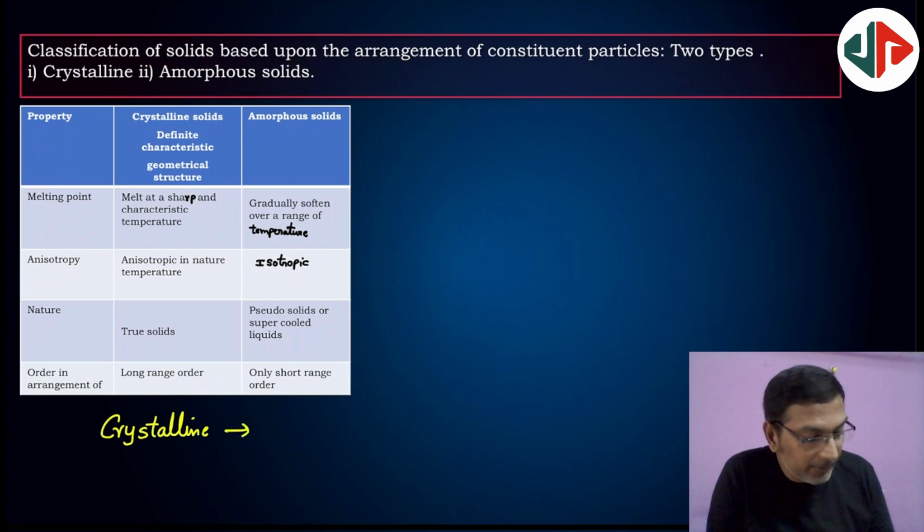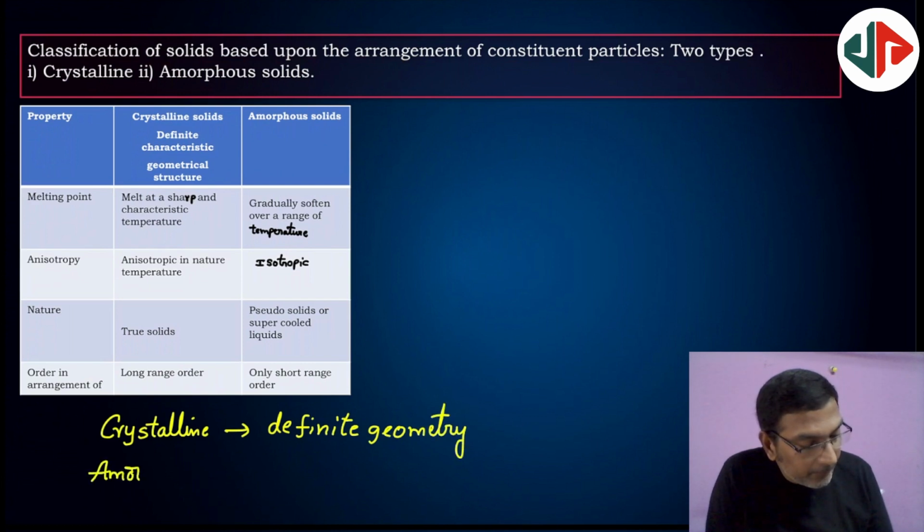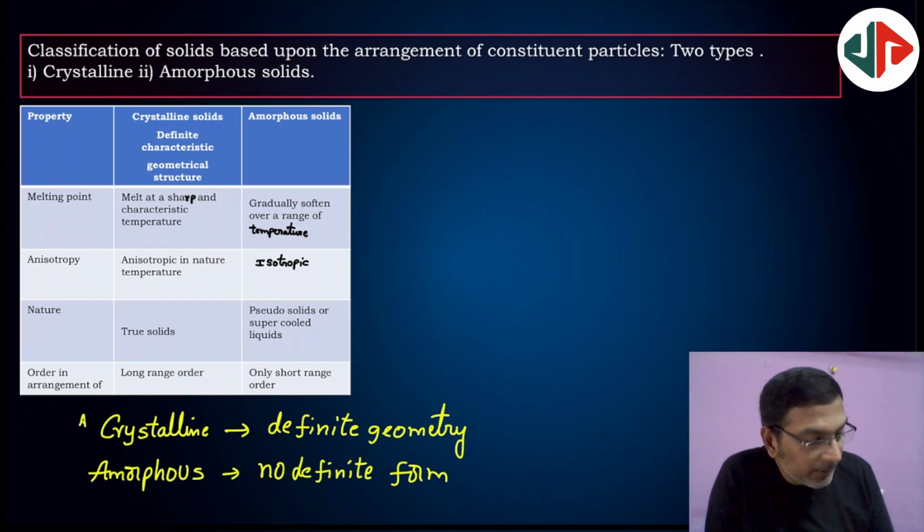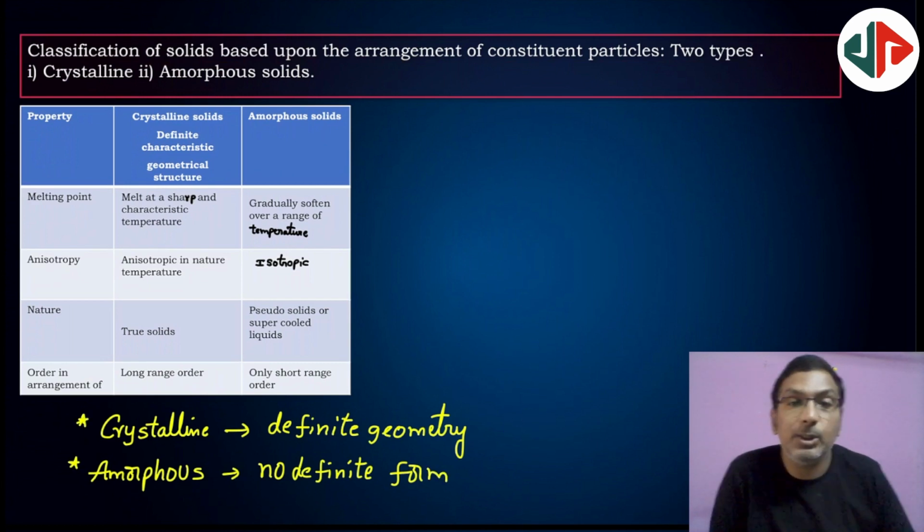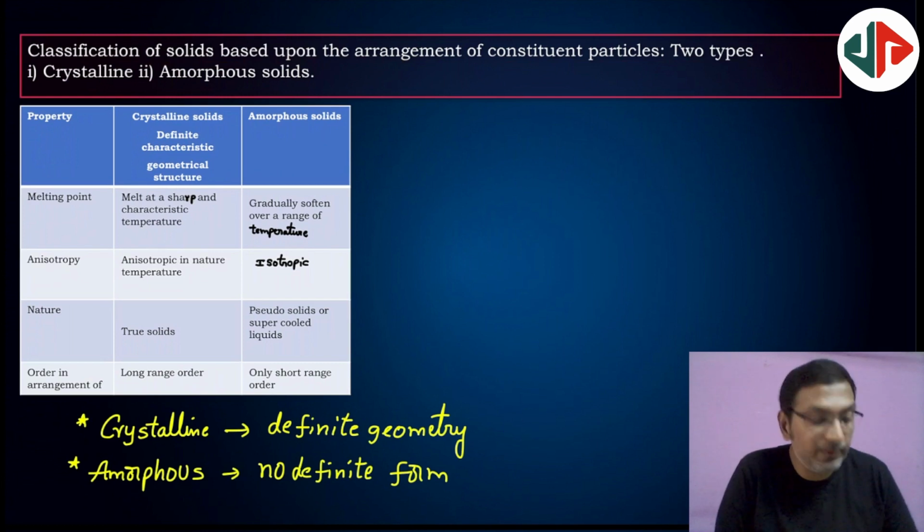Crystalline means having definite geometry, and amorphous solids means having no definite form. So very important: crystalline means definite geometry and amorphous, no definite form.